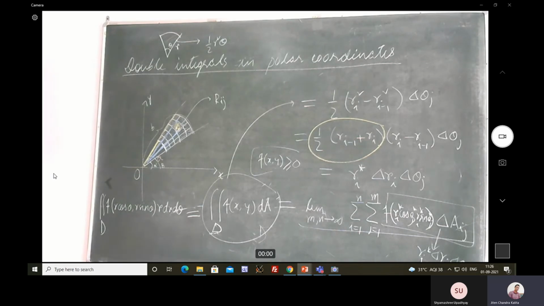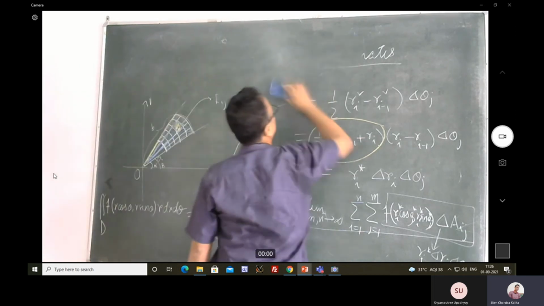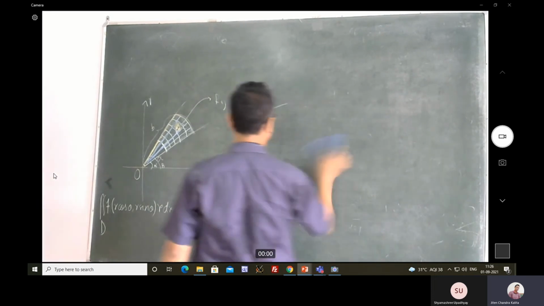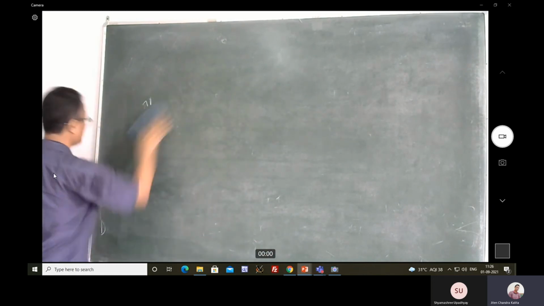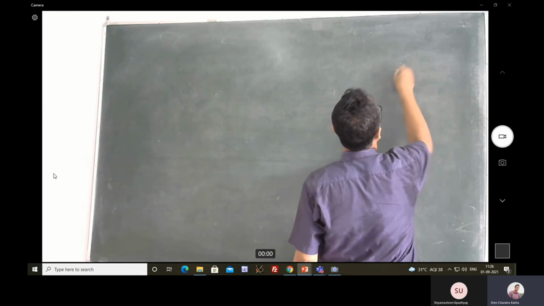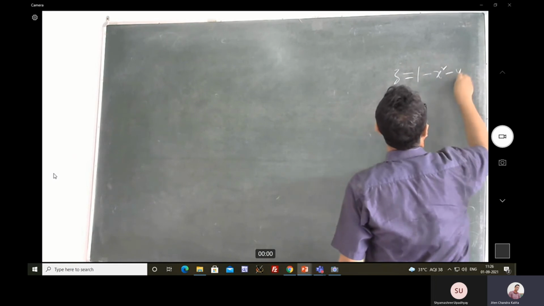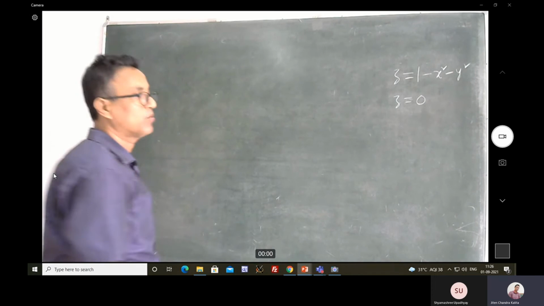Here it is the volume of the region that lies below this paraboloid and above the plane z equal to 0.